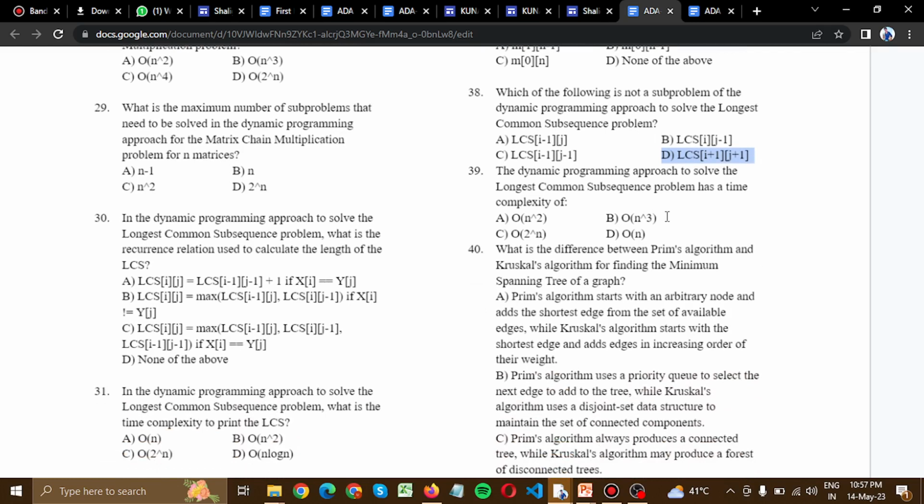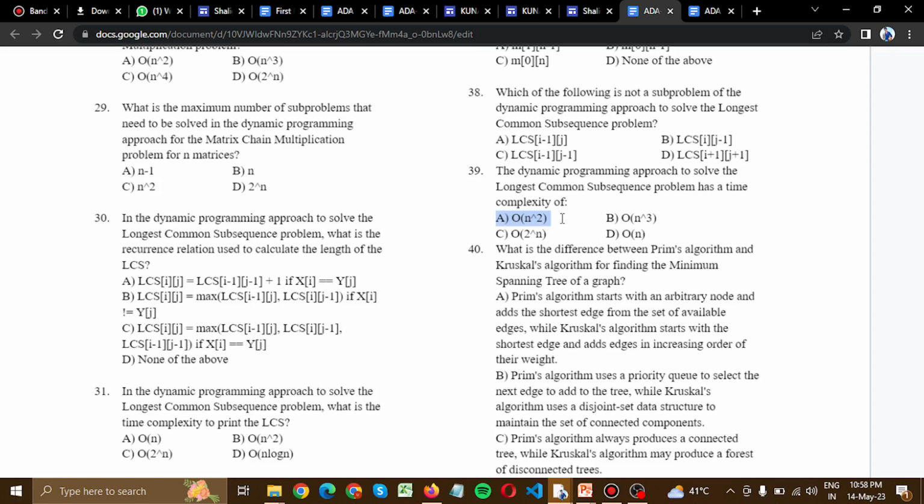Now next question number 39. The dynamic programming approach to solve the longest common subsequence problem has a time complexity of option A, big O(n cube), no, big O(n square), because the DP approach involves constructing a two-dimensional table of size (n plus 1) times (m plus 1), where m and n are the lengths of the two input sequences.